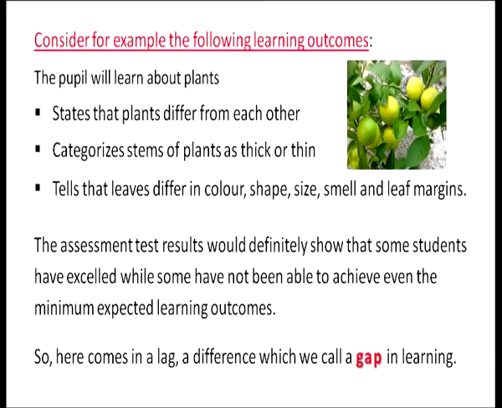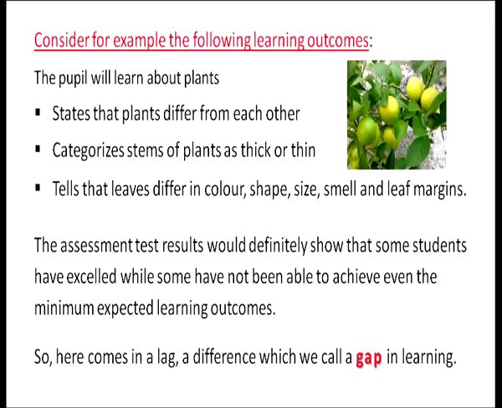So, a teacher would administer such a test to determine what the learner has learned or what the child has achieved. Consider, for example, the following learning outcomes. The pupil will learn about plants.